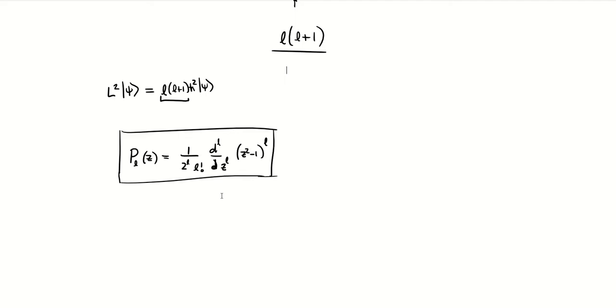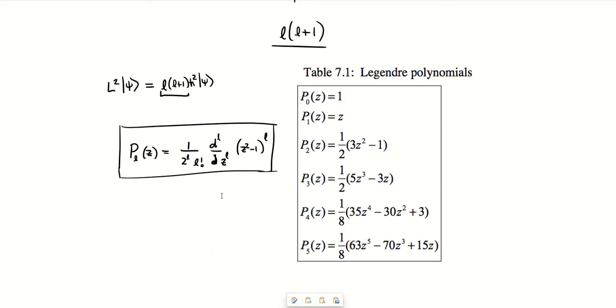The first few of those polynomials look like this, selecting the conventional coefficient and all that. And again, you'll notice it's a polynomial of degree L. Another thing you'll notice is that for L even, the function is even. For L odd, the function is odd. And another thing we'll notice is these are actually orthogonal functions, right?